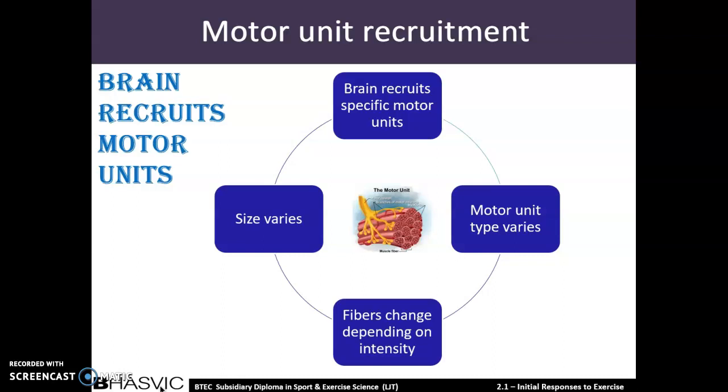When the intensity is higher, the fast oxidative glycolytic muscle fibers are used. This could be in a kick, or as the game continues, a header.